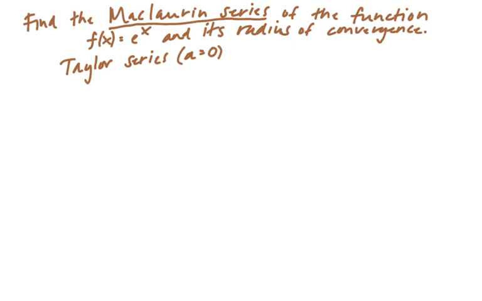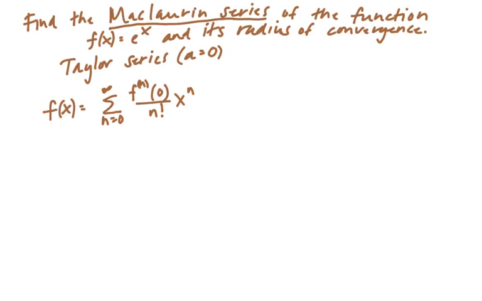So you need to know that the Maclaurin series is the Taylor series where a equals 0. So the way we start this problem is, let's make a note. For our Maclaurin series, we say f of x equals the series from n equals 0 to infinity, the nth derivative of f at 0 over n factorial x to the n.